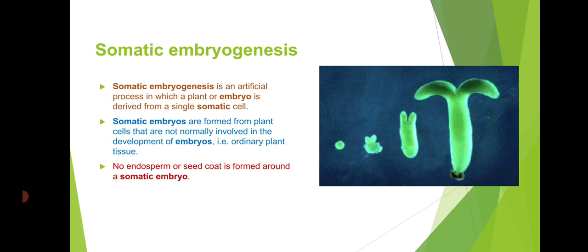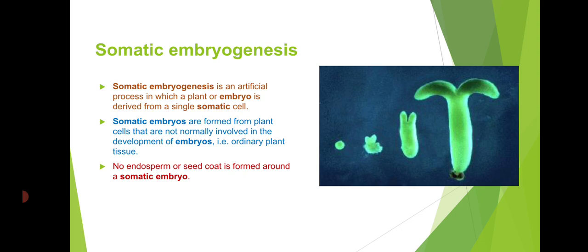Then the somatic embryos or embryoids are somewhat similar to the zygotic embryo or seed embryo. The only difference is they originate from somatic cells. There is no haploid condition because the somatic cells we are utilizing are diploid. So this embryo develops similarly to a normal embryo.